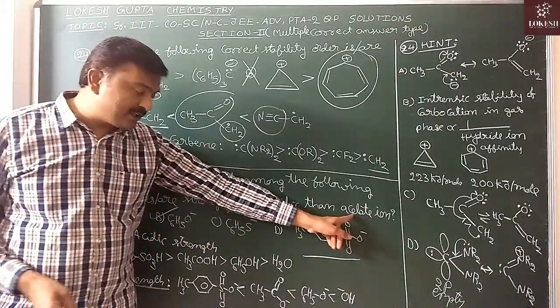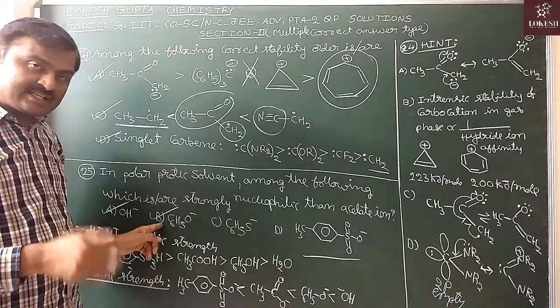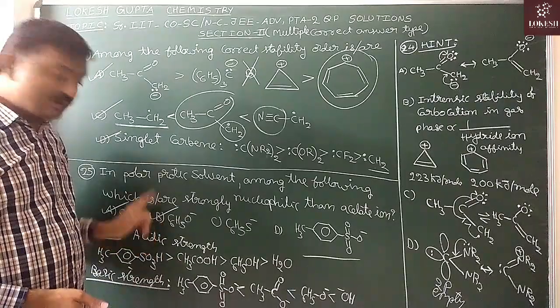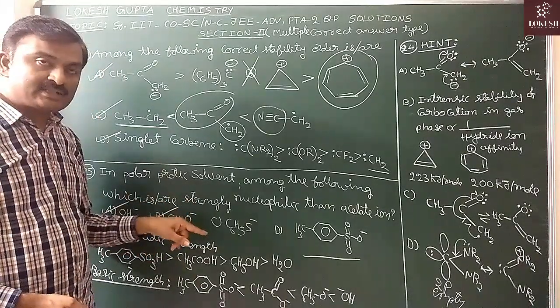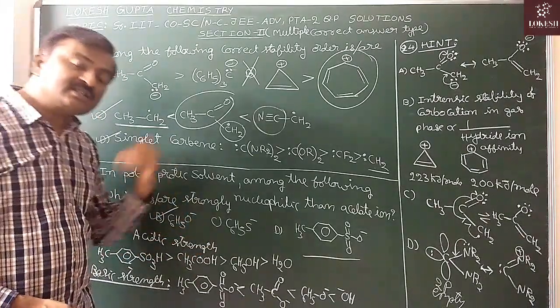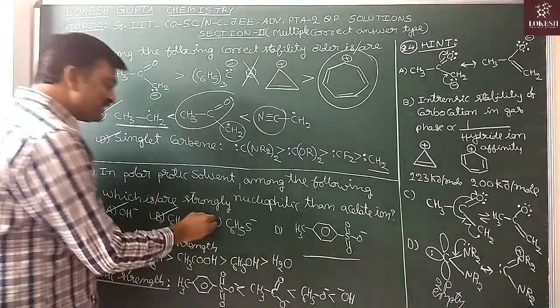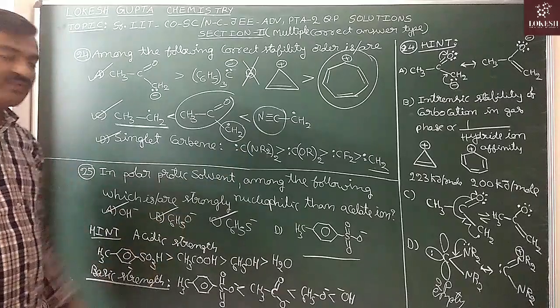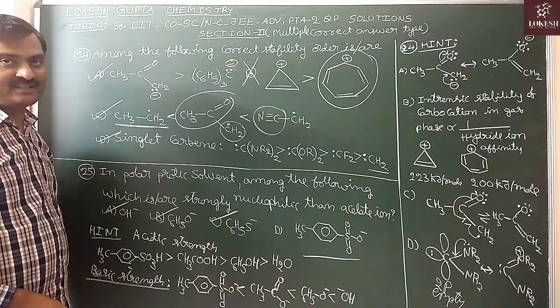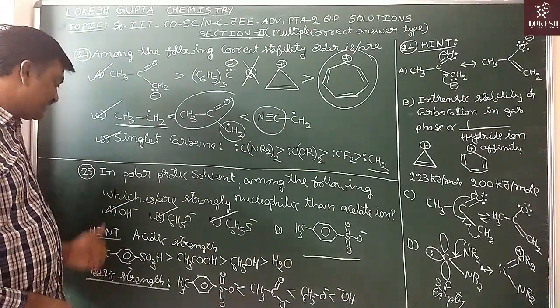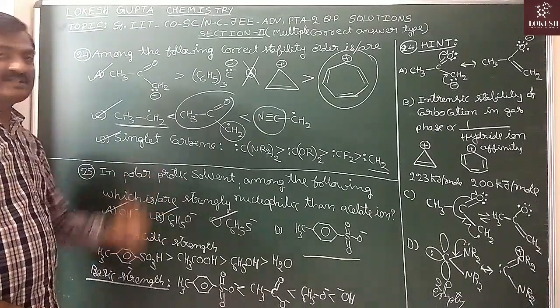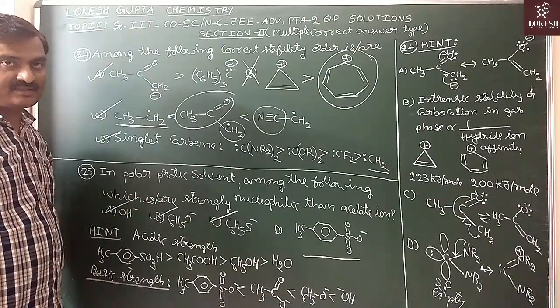Already we know that when compared with acetate ion, phenoxide ion is a good nucleophile. Now when compared with phenoxide also, thiophenoxide is still a stronger nucleophile. So this one also is more nucleophilic than acetate ion. So what is the correct answer? A, B and C is the correct answer.